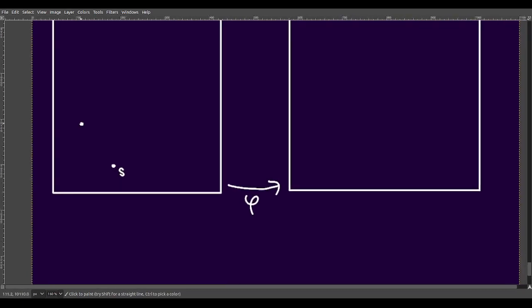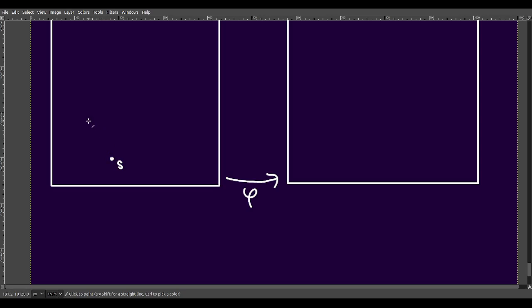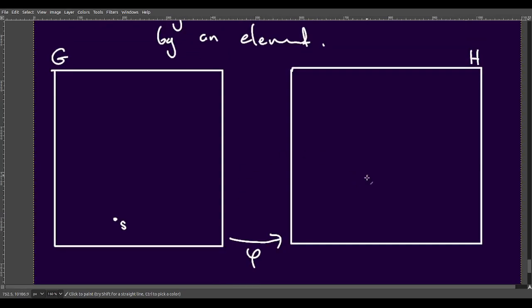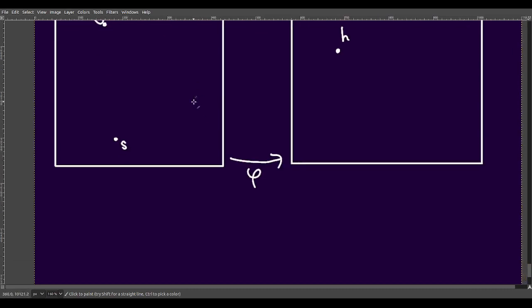Here we'll go. We'll start the proof. First of all, we'll pick some completely arbitrary element h in H. Now, since our phi is surjective, that means there exists an element g in our big group G where h is equal to phi of g.